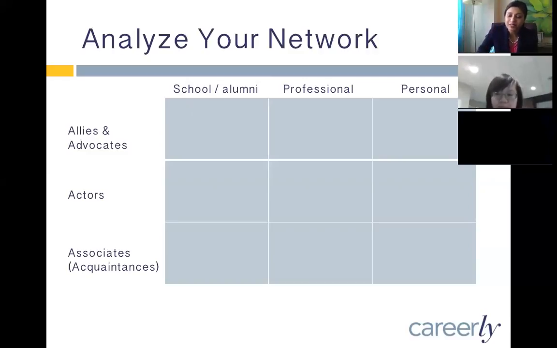And then finally, personal is anyone you know outside of either of these categories. For my international students, it usually tends to be their country's network, right? So it's usually the Taiwanese who are here in the US, or even back home, who have connections here. It could also just be communities and clubs you belong to.